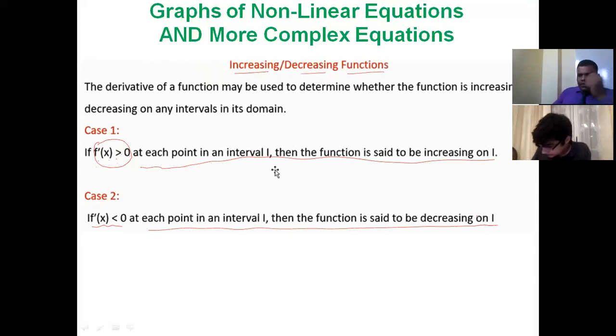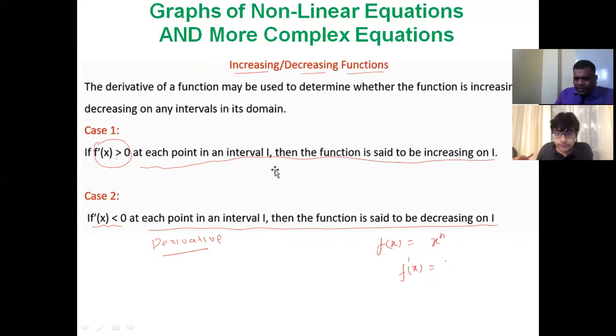So let me talk a little bit about derivatives. I'm sure you know, f of x, let's say, is given as x power n. So what is its first derivative? Do you remember a little bit? Let us say f of x is equal to x power n. What is the first derivative? n x power n minus 1.